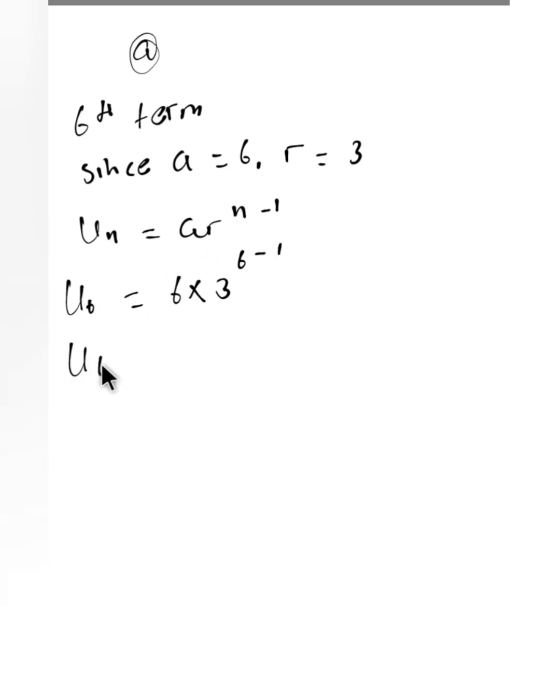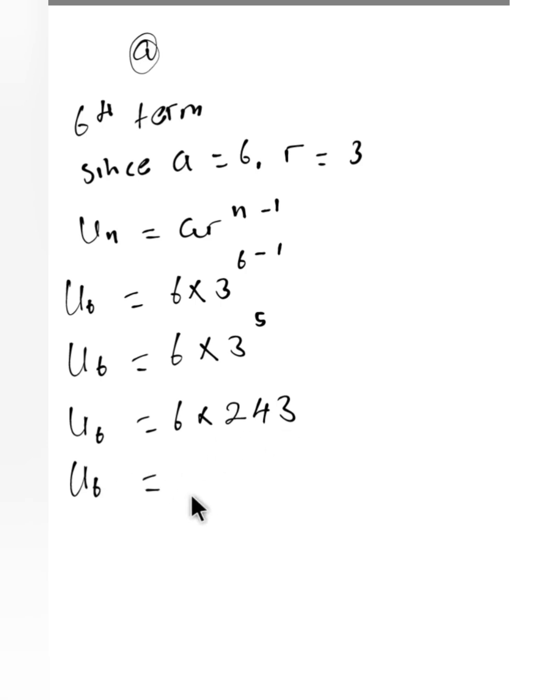So u6 is equal to 6 times 3 raised to power 5. 3 raised to power 5 is 243. So u6 is equal to 6 times 243, that will give us 1458. So the B part of the question is we should find the 4th term plus the 7th term.